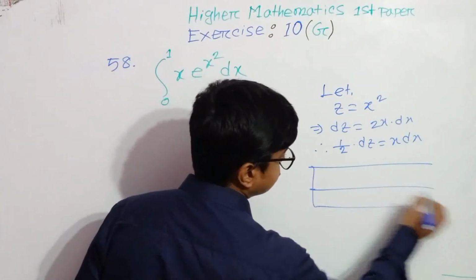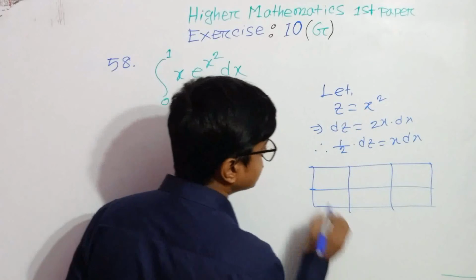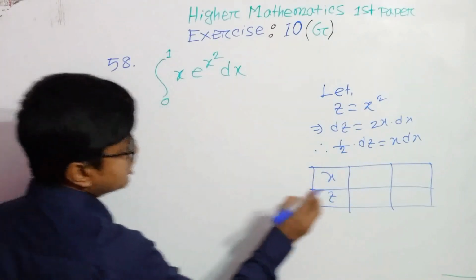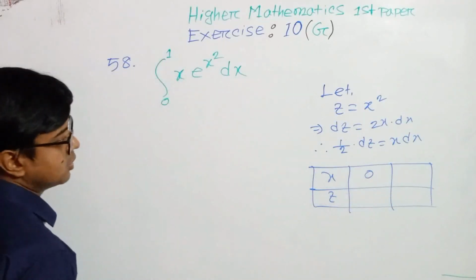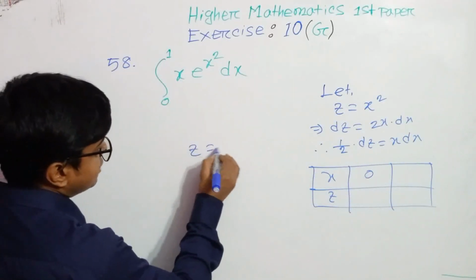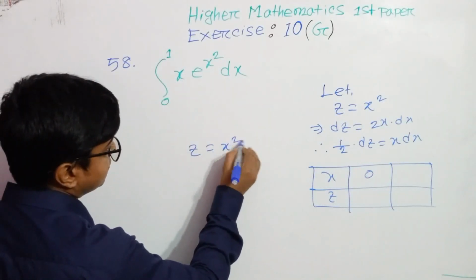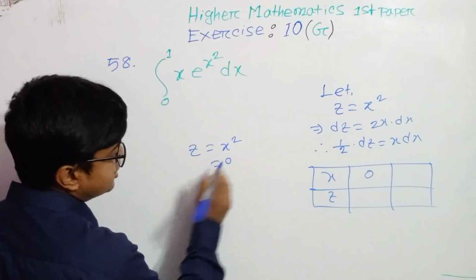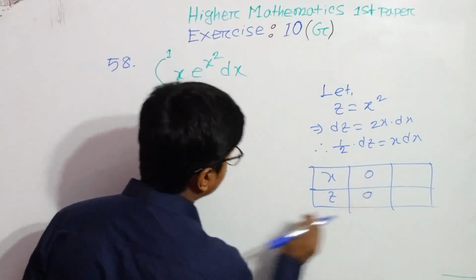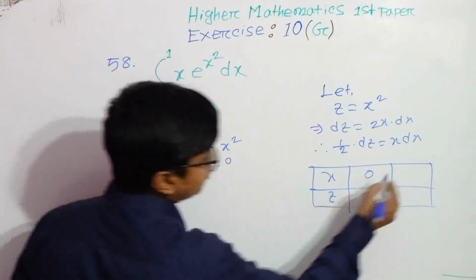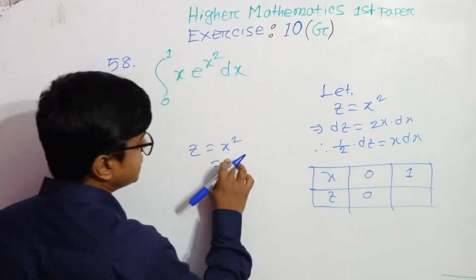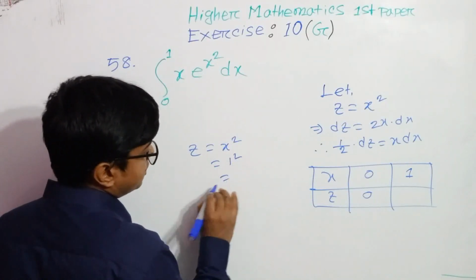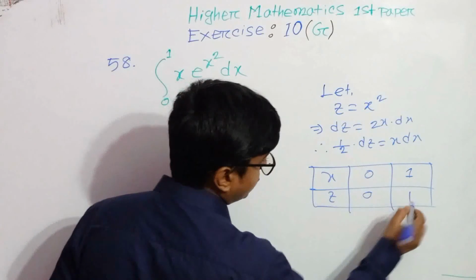Here x and z. When x equals 0, then z will be 0 square, which means 0. And when x equals 1, then z will be 1 square equals 1. That means 1.